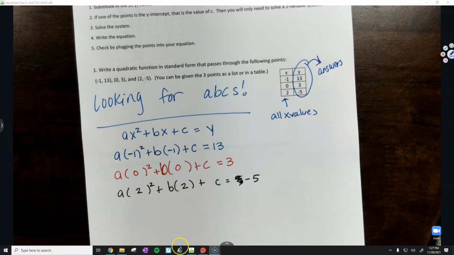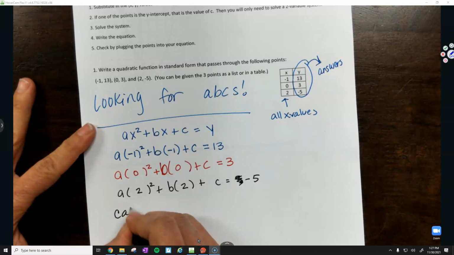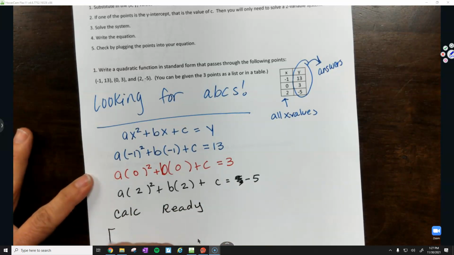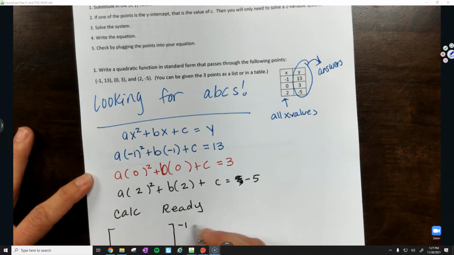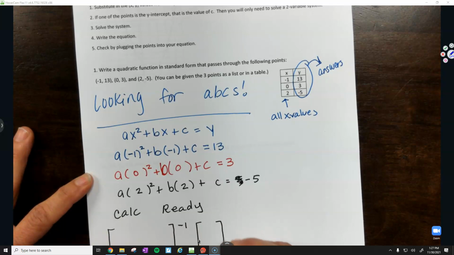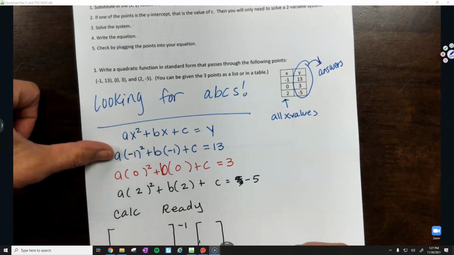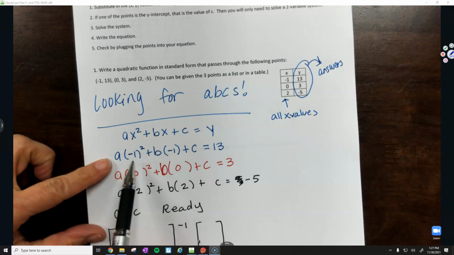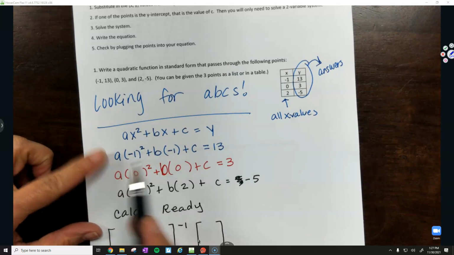So when you go to put that in your equation, I'm going to go ahead and show the calculator ready. So remember, we're trying to solve for a, b, and c. So we need these numbers next to a, next to b, and next to c. So the coefficient for a is -1 squared.